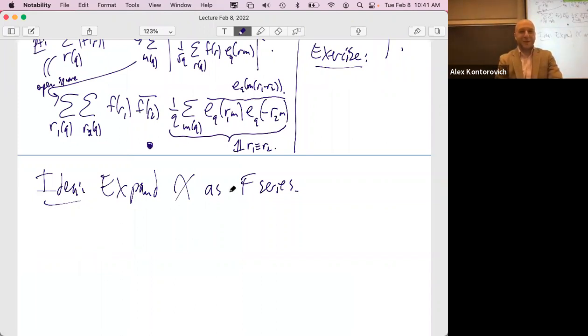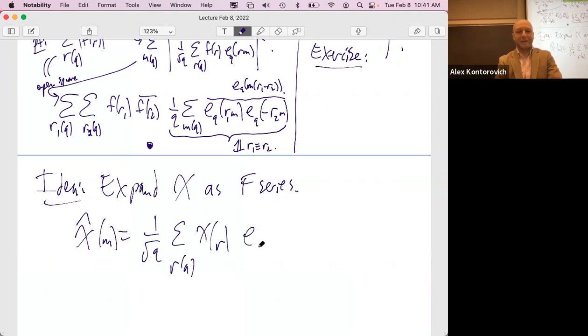So what is the Fourier transform of chi? Well, as we said, 1/√q times a sum over r mod q of chi of r, e to the 2 pi i over q, r m.